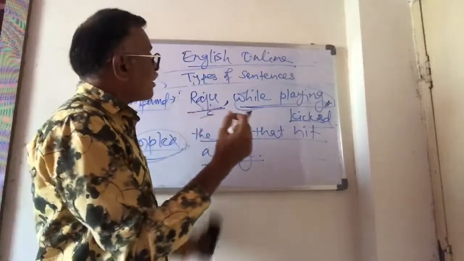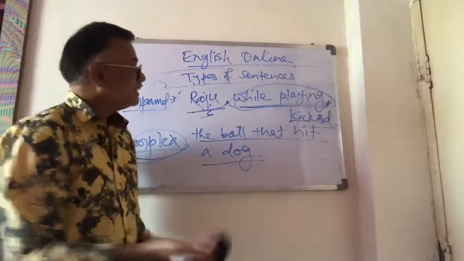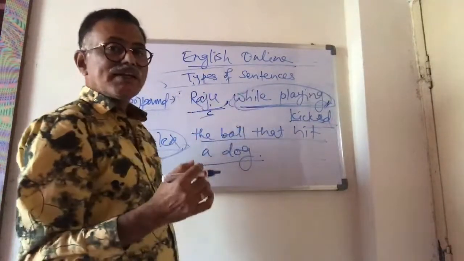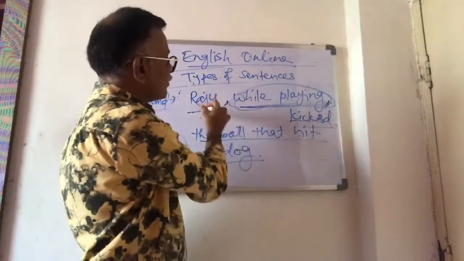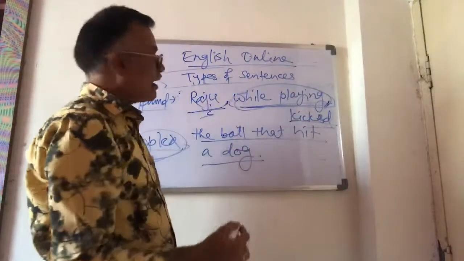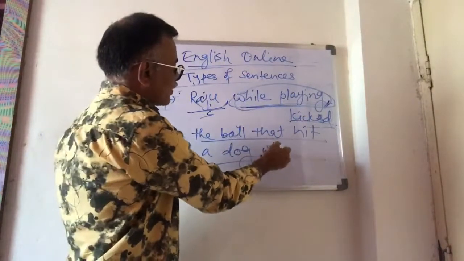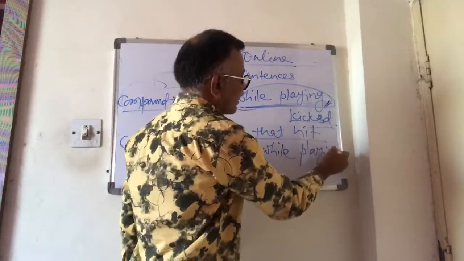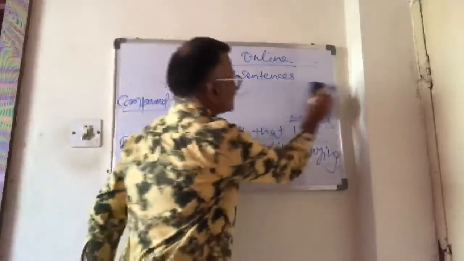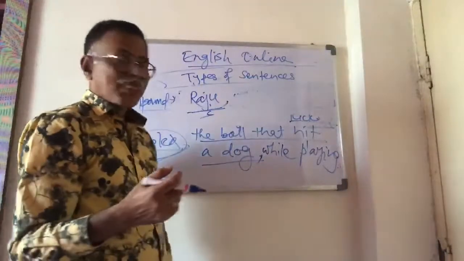Now if we insert this phrase, while playing, inside it, actually it is an adverb here. It can be placed in the beginning, in the middle, or toward the end of the sentence. So if we write it here also, it becomes a complex sentence. So there are three types of sentences in English according to structure.